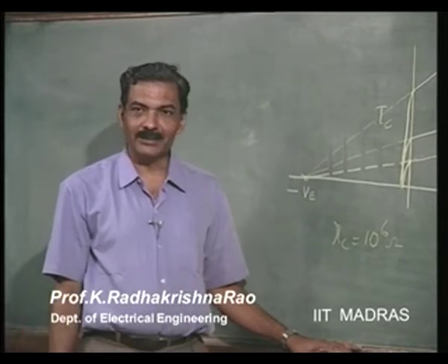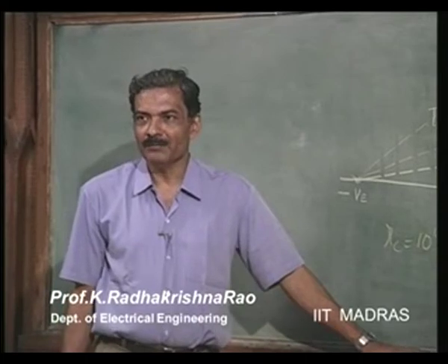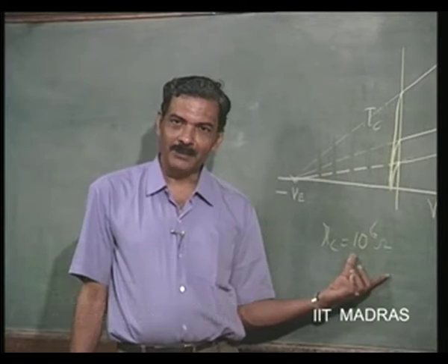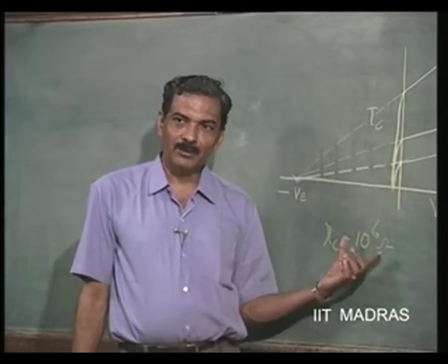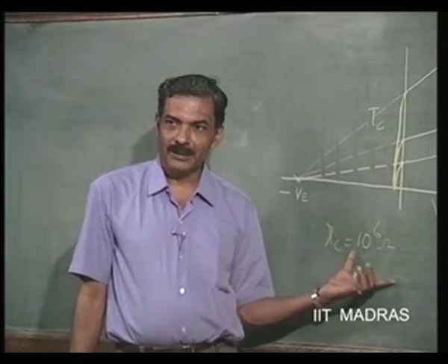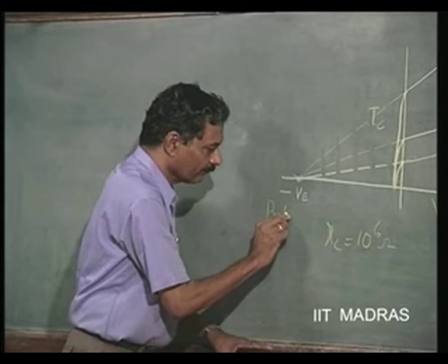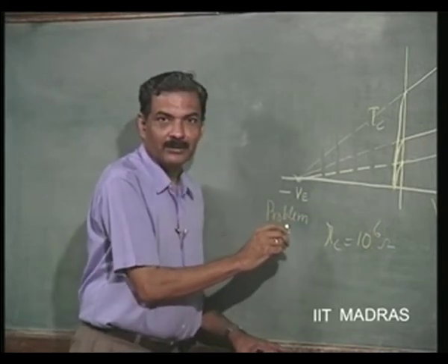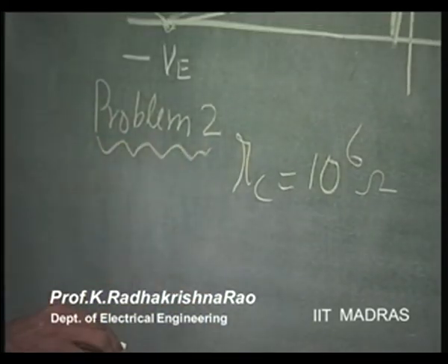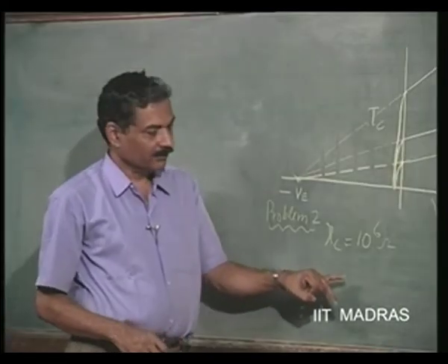Now, how much is it going to differ from 6K? You will see that it is not going to differ much from 6K in spite of the finite RC of 1 mega ohm. But please use the equivalent circuit and find out for yourself. This will be worked out. This is a problem, problem number 2: determine the output impedance for example 10 if RC is equal to 1 mega ohm.